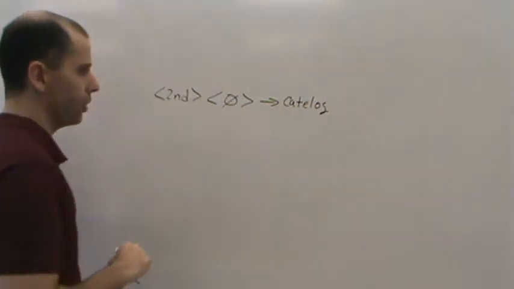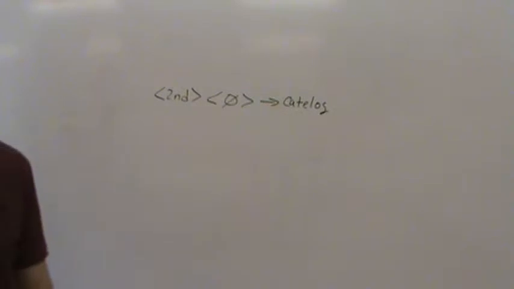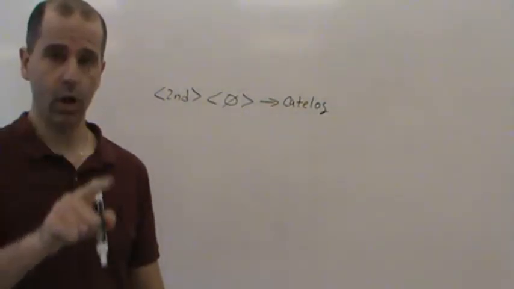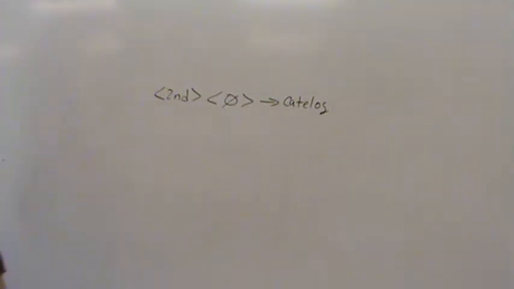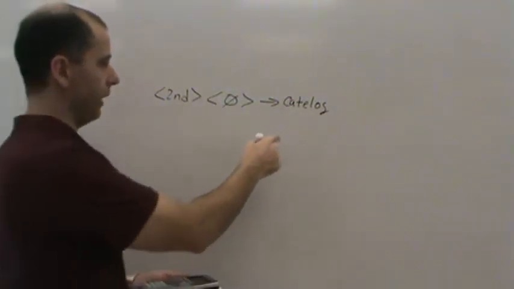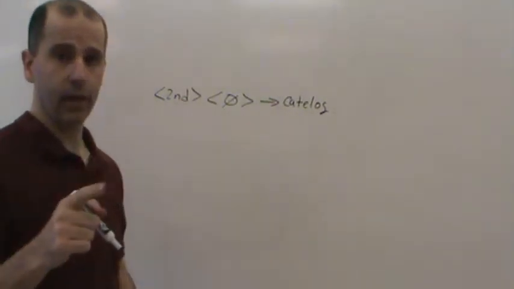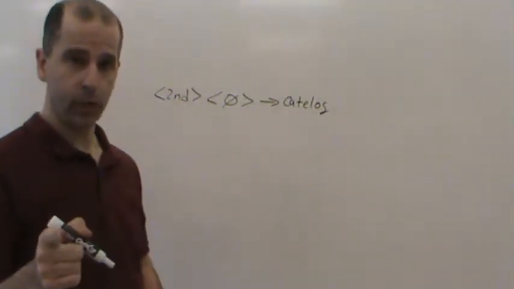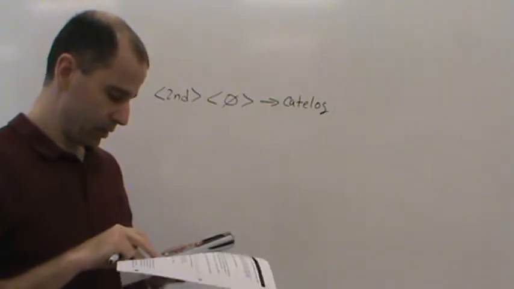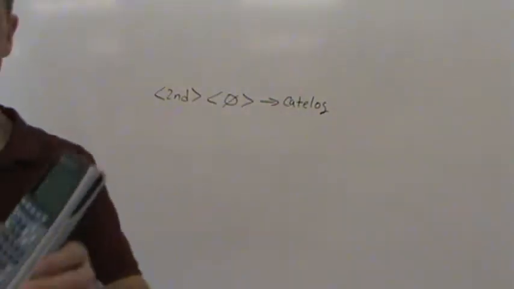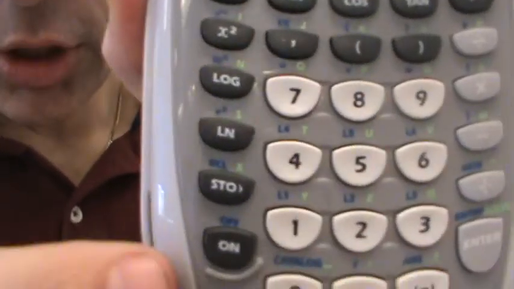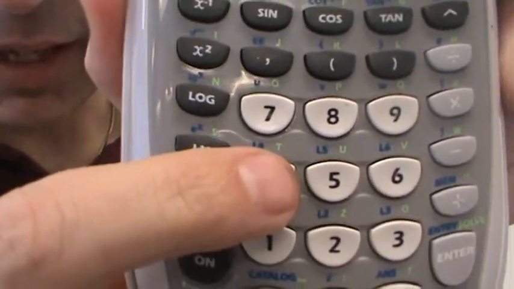Once you're at your catalog, it gives you a menu of all of the functions in your calculator. You're going to want to hit the D key, because once you get to your catalog, you're in alpha mode, which means you're using the letters. If you notice at the top of some of these keys, there's a letter in green.